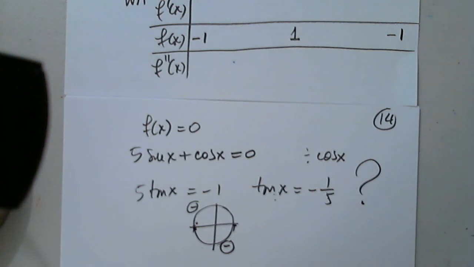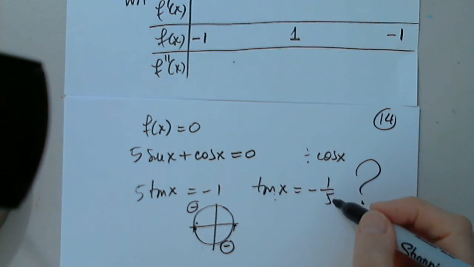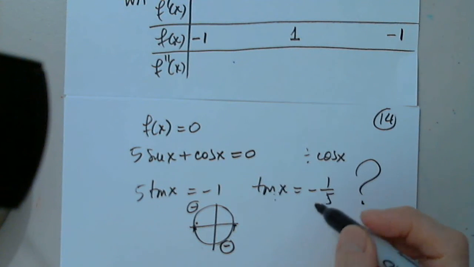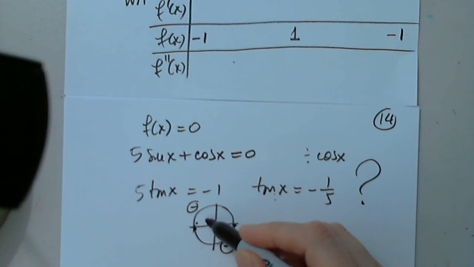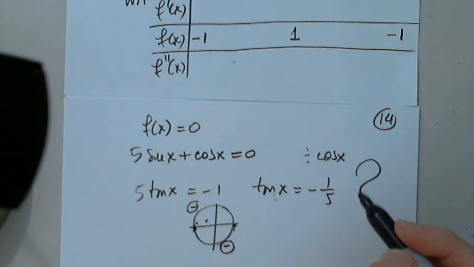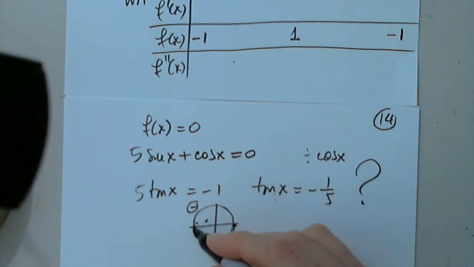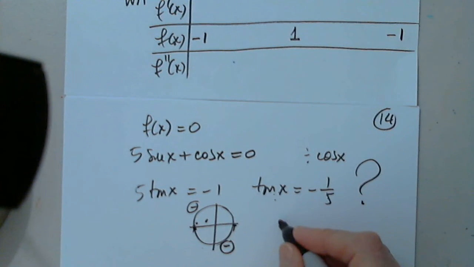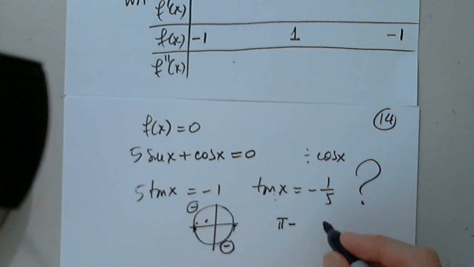So the first, tangent -1/5 in the second quadrant. It will be pi minus... I want to verify one more thing here, because this is not a number that we know.